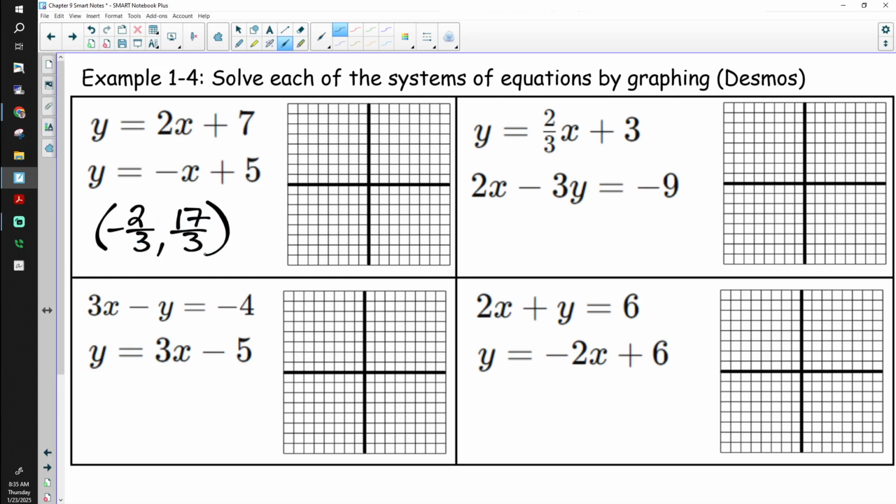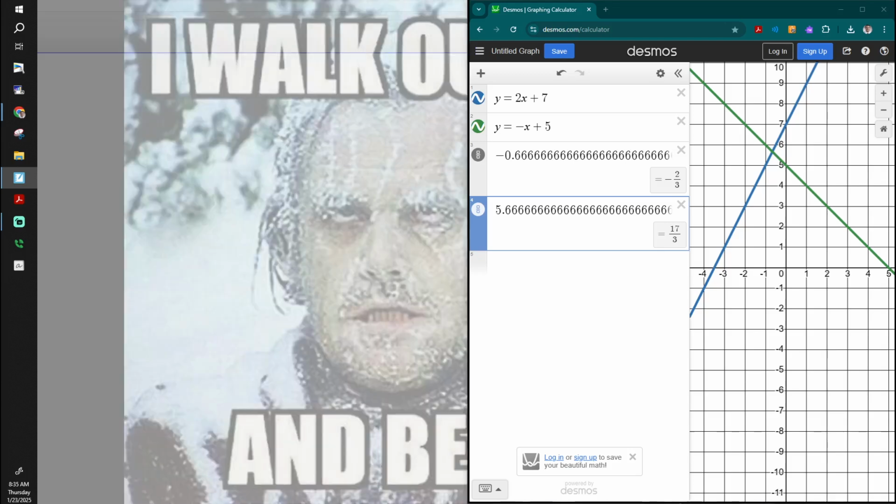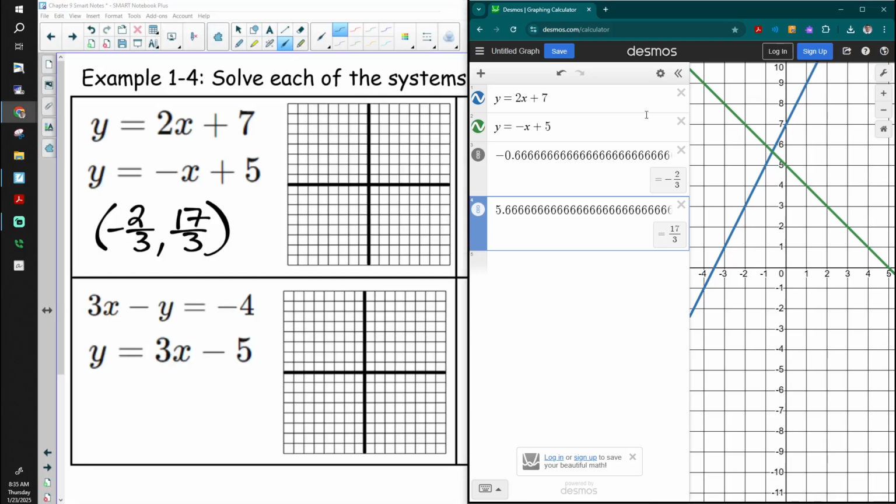This is where our two lines intersect. We should also make sure that we are sketching the graphs. Again, they don't have to be perfect, but here, like negative 3, 5, 7.